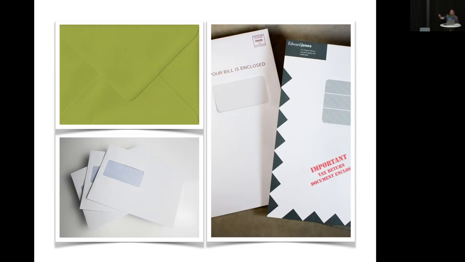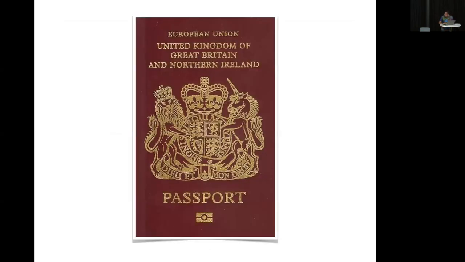And what's the most important thing that you own? Probably this. Now, your passport is in portrait, yet the most important details in it are on a page which is in landscape. Well, how does this apply to other aspects of everyday life? Well, let's have a think.